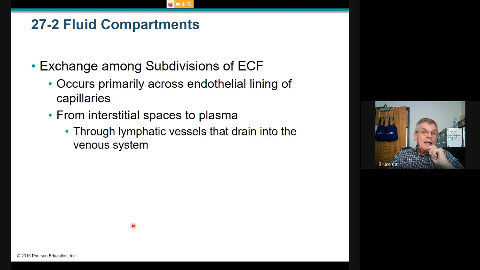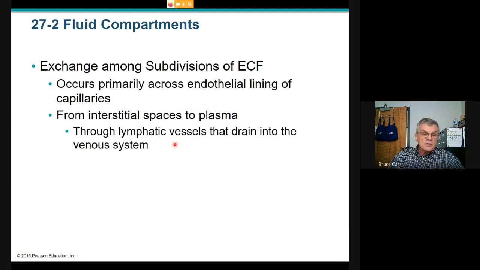Now, among these subdivisions, we're going to have exchange, and the cardiovascular system is going to be the big linking agent. Remember, if we think about a block of tissue, here's the capillary bed, we're shoving blood through there to supply oxygen and nutrients and pick up wastes, to produce lymph and have it be conducted off by the lymph system. So this is just a reiteration. This is occurring around capillary beds, and of course capillary beds penetrate each of these extracellular regions.